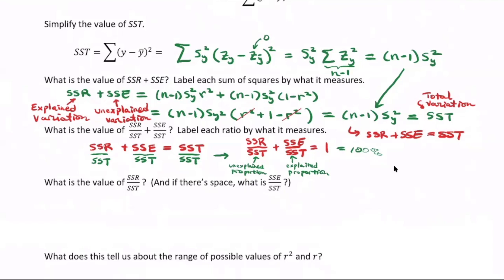So what we've gotten out of this is that SSR over SST is the proportion of total variation that's explained by our explanatory variable.